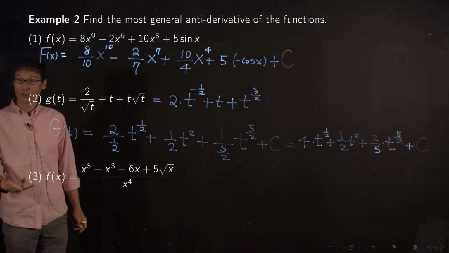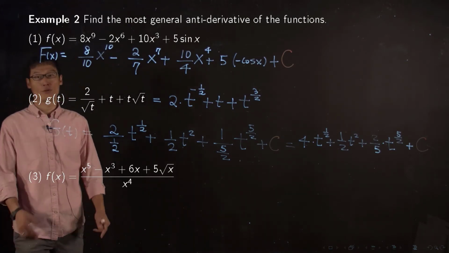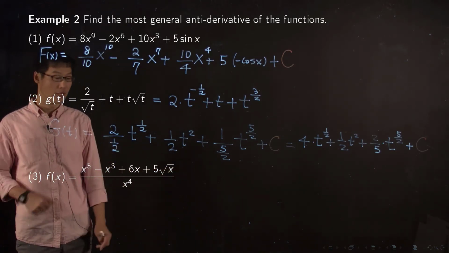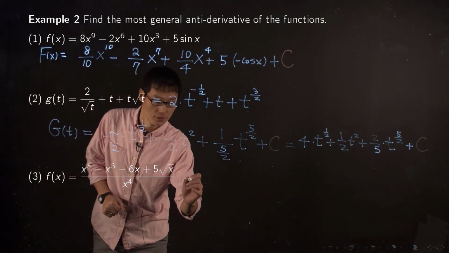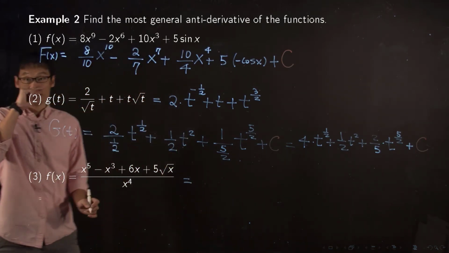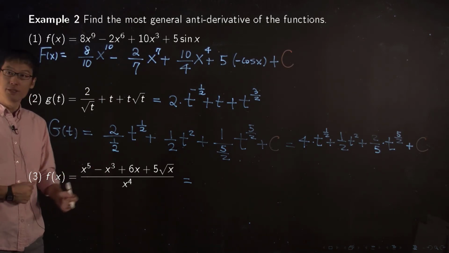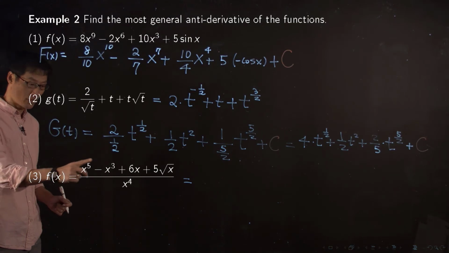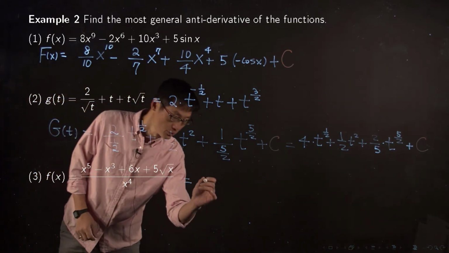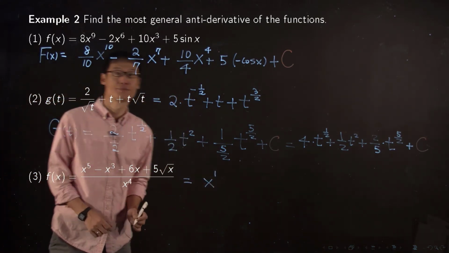Okay, so number 3 looks complicated, but once you split into pieces, it's going to be quite similar to number 2. So when you split, the first term is x to the 5th over x to the 4th. So x to the 1.